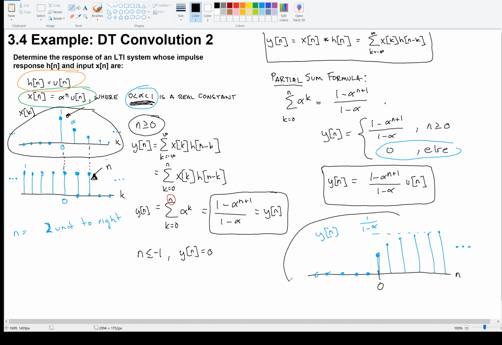The reason we don't have to perform any circuit analysis or mechanical analysis is because we are given the impulse response. We're given how the system responds to just a quick little disturbance. So given that response, and given the input, I can just perform the convolution and I know what I'm going to get out. Amazing.